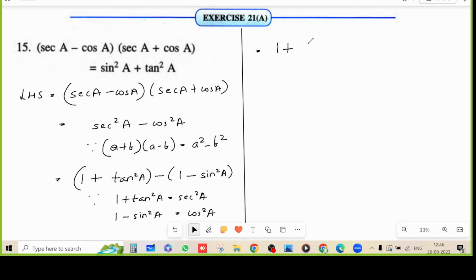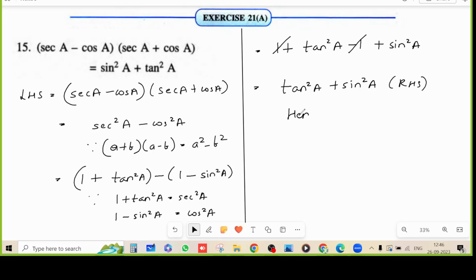So this will give us 1 plus tan square A minus 1 plus sin square A minus 1, and 1 will get cancelled out. So we are left with tan square A plus sin square A, which is equal to the right hand side. Hence proved.